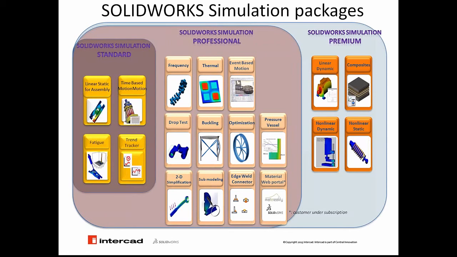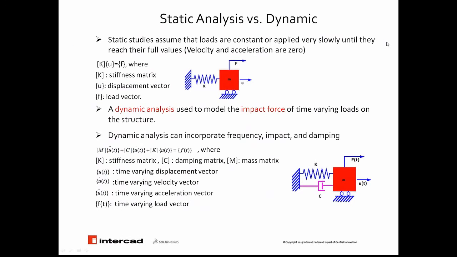The main focus, where we are going to use the capabilities, is SolidWorks Simulation Premium, and specifically we're talking about linear dynamic studies. So today's presentation, earthquake analysis, is considered linear dynamic analysis, and it is within the SolidWorks Simulation Premium package.